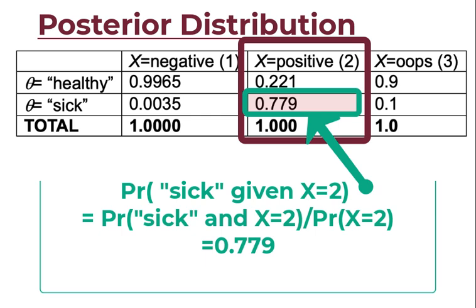So given what I knew before, the prevalence, plus what I know now, the data x, combining those two sources of information together, my current belief is that there is a 77.9% chance that the patient is sick. That's right here. This posterior probability table combines the two types of probability, belief and frequency, in one table. And that's what we've been after all along.